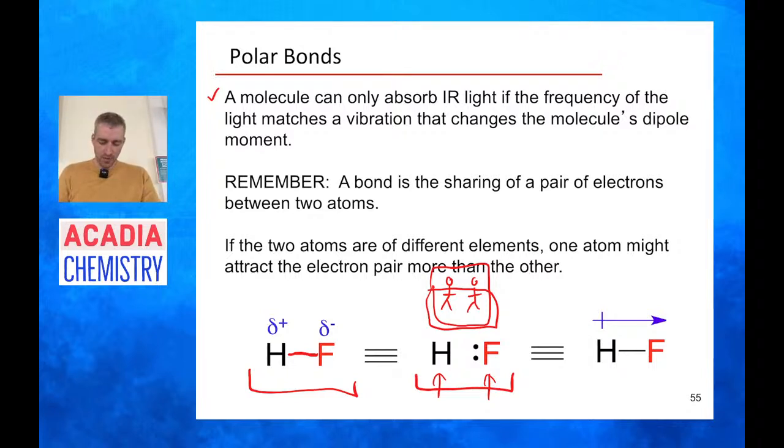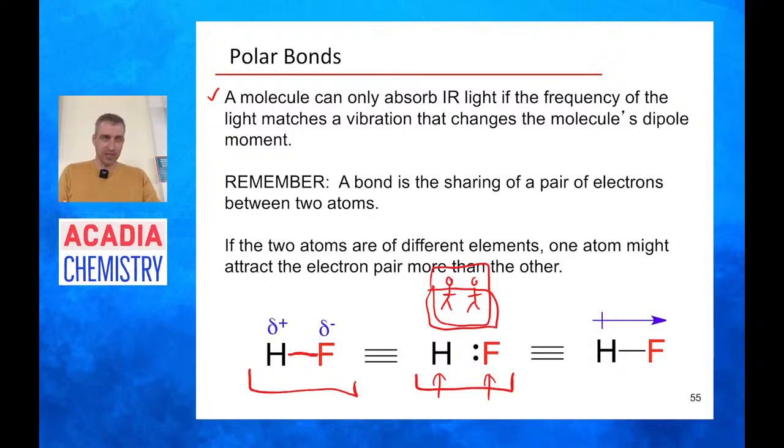In this example, what's happening is the fluorine has a property called electronegativity, which is much higher than that of hydrogen, meaning it attracts that electron pair in the bond a lot more than the hydrogen does. It kind of wants to steal that electron pair. It's kind of like the blanket hog. It wants to bring it towards itself, wrap itself in those additional electrons, and bask in all that electron-y goodness.